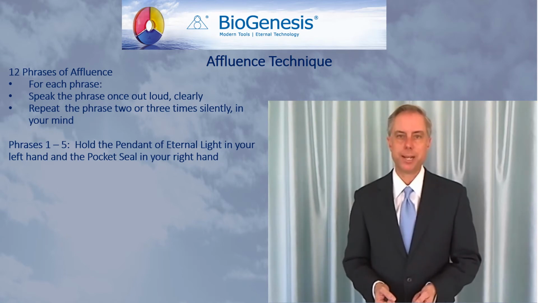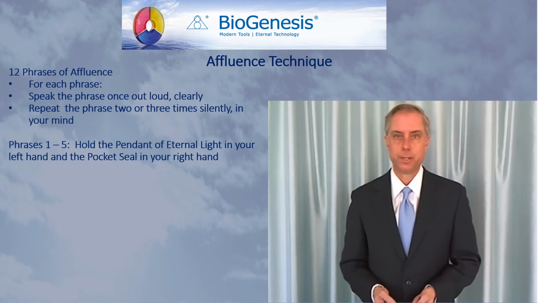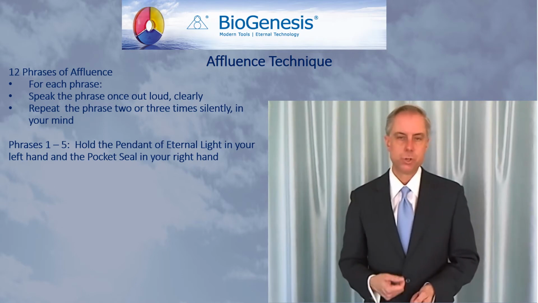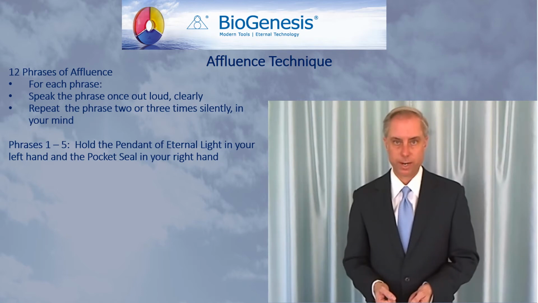Then state this phrase again silently within your mind. Totality emerges from selection. Let some time pass. Restate that phrase again, silently within your mind. Do this 2 or 3 times, then move on to the 4th phrase.